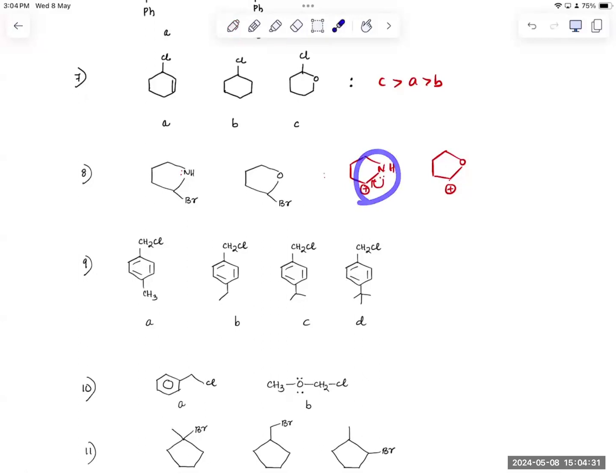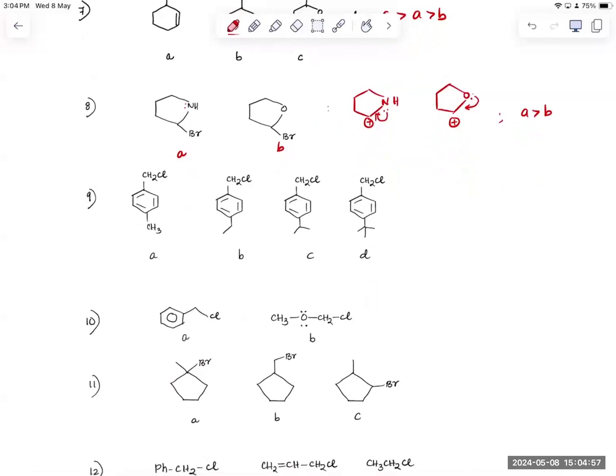So this is more stable compared to that of O. So what is the order here now? Suppose I take this as A and B here. You can see that nitrogen is a better donor than oxygen. So A will be greater than B.